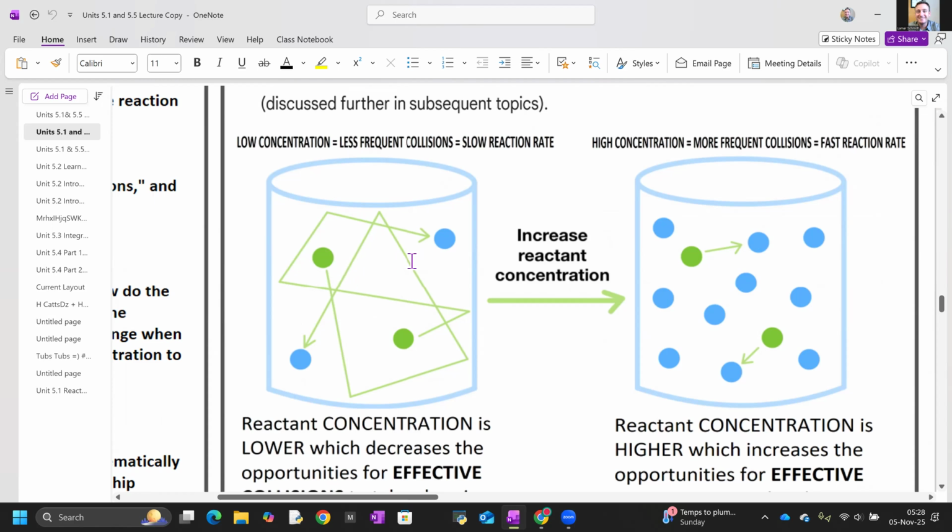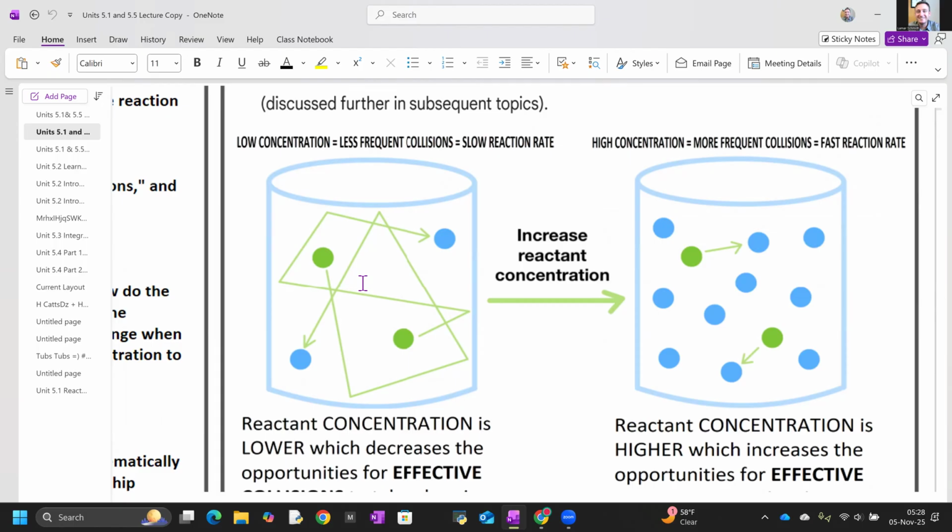And so, if we just look at that particles will collide more frequently, then we can make the case that they will have more effective collisions because there's more collisions that take place.